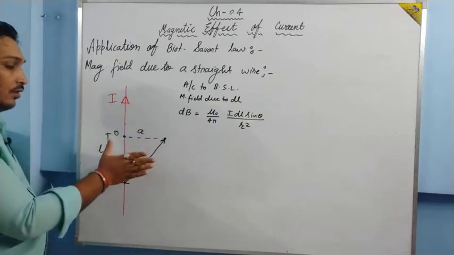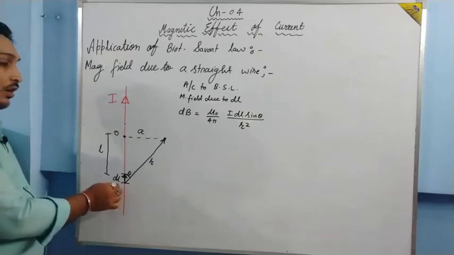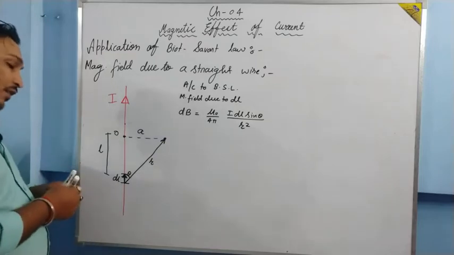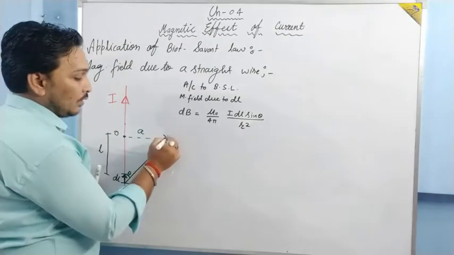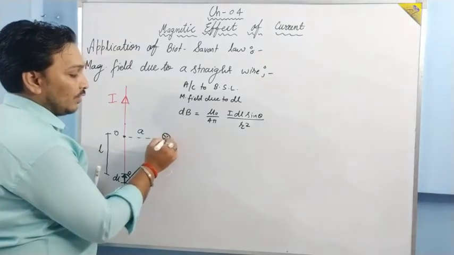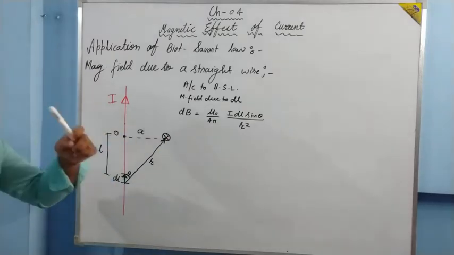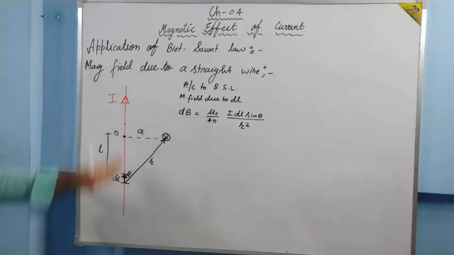Somewhere here, inward. Irrespective of the position of dl, the magnetic field is always inward. So at this point, the magnetic field is always inward, cross. Is it clear? Now we can integrate dB, because for each position of dl over the complete length of the wire, the magnetic field is inward only.